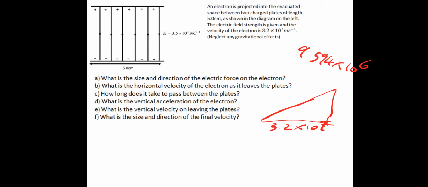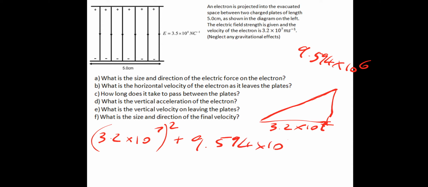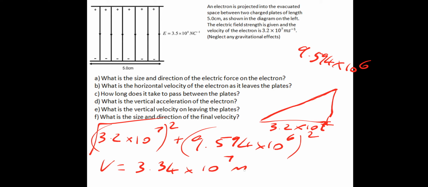So we just need to do Pythagoras. So to get the hypotenuse, we need to square these and add them together. So we've got the 3.2 times 10 to the power 7 squared plus the 9.594 times 10 to the 6 squared, and then square root the answer. So that will give us a resultant velocity of 3.34 times 10 to the 7 meters per second.